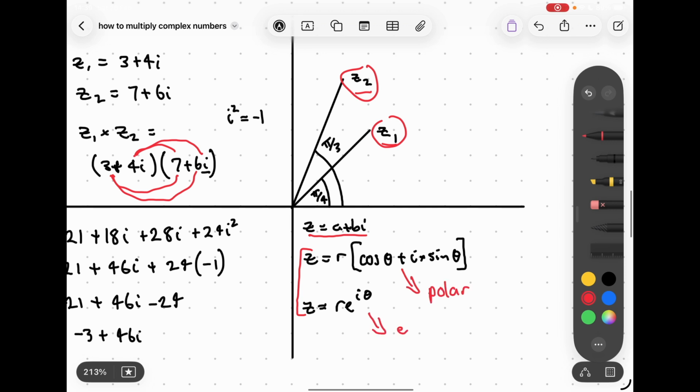Now, the other two, which are polar and exponential, are very similar in the way that you do it.